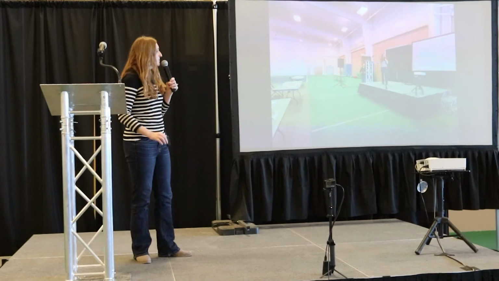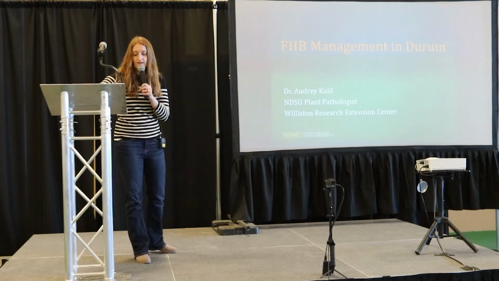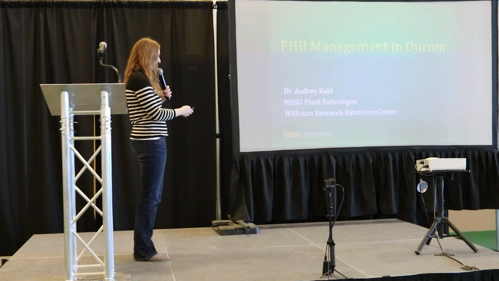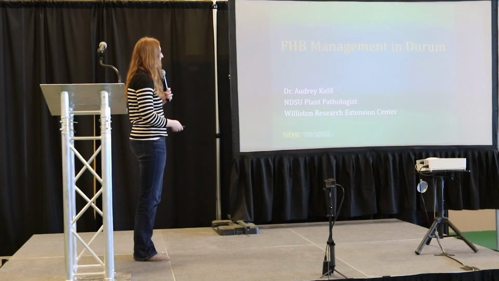I was going back to your slide of the different durum varieties. Is there any correlation between the age of those varieties and the scab resistance when you look at that chart? Would it be possible to pull that up? Perfect, thank you. I think in the guide it has the release date.